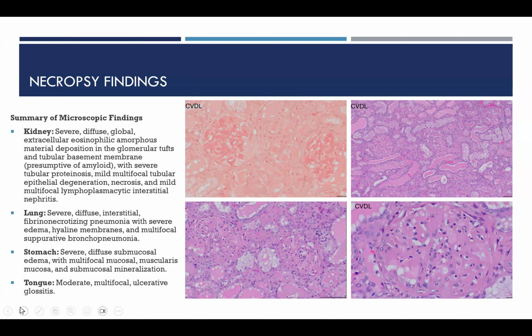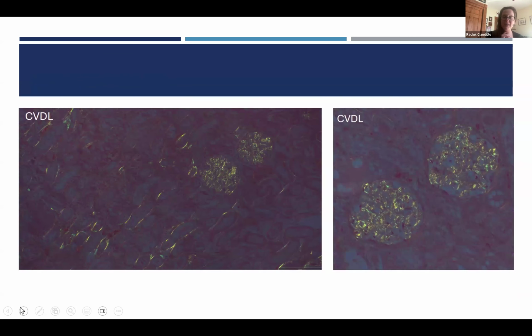The stomach had submucosal mineralization and, of course, edema, and there was an ulcerative glossitis in the tongue. As we're getting ready to run out of time, this is actually very classic. Those are gorgeous. And see how green that material is.